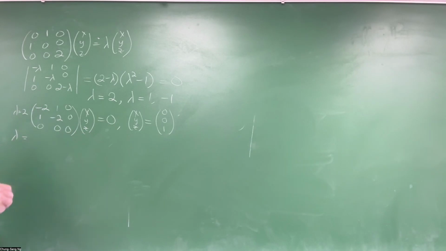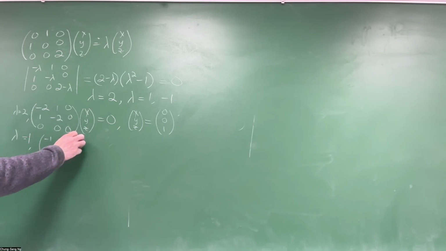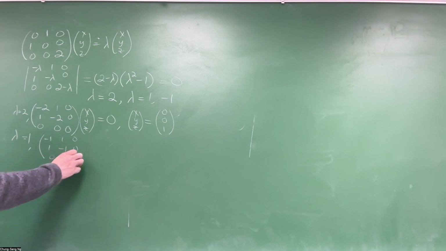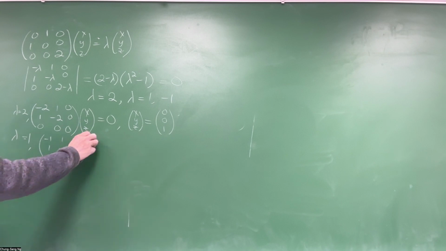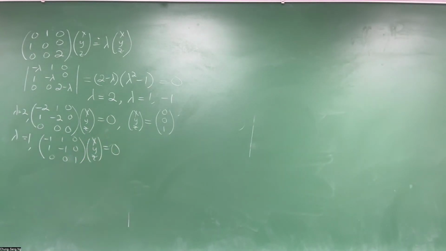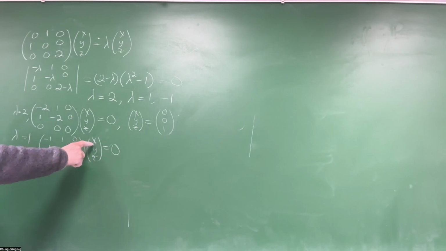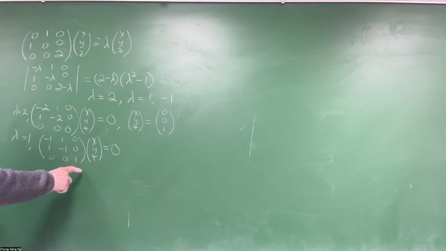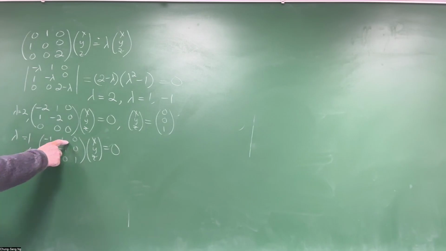The next one is lambda equals 1. The matrix is minus 1, 1, 0, 1, minus 1, 0, 0, 0, 1 minus 1, which is 0, and so on. Obviously the first 2 rows give you the same equation, because they don't involve z, so x equals y.